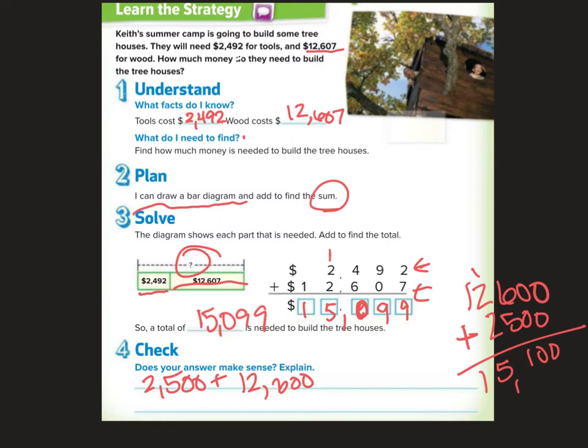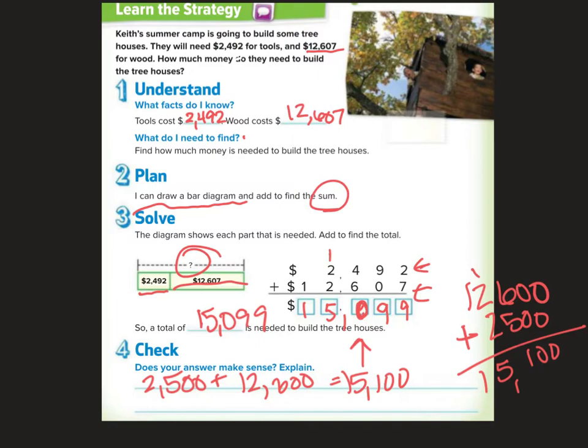So that would be $15,100. Is that close? Why, yes, look at that. It is close. Okay, so we proved it by estimating.